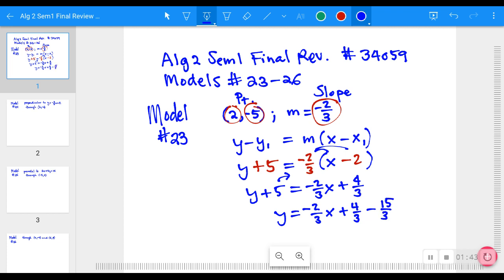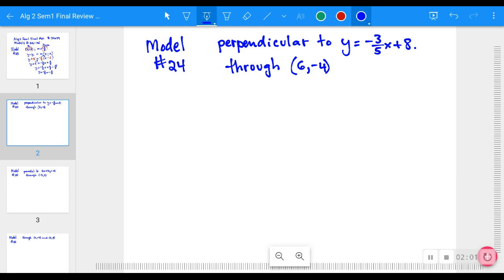And you can see that I wrote down 15/3, but that's 5. And the reason I did that is we have a common denominator now of 3 underneath those. So you end up with y equals negative 2/3 x minus 11/3. And there's the slope-intercept form of that line.